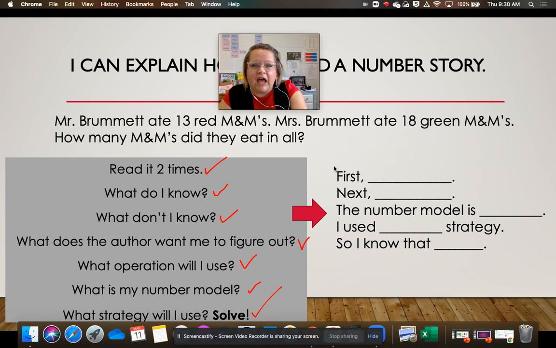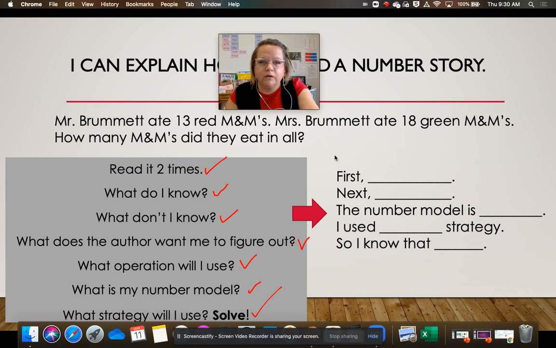Next, I needed to find out how many they ate in all. The number model is 13 plus 18 equals question mark. I used the base 10 strategy. So I know that they ate 31 M&Ms in all. So you're explaining how you got your answer, what you did with the problem to solve your answer.